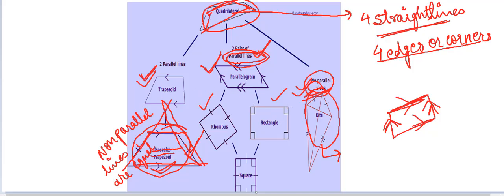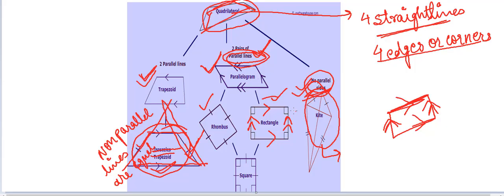For rectangle, we have four sides, that is, this side is parallel to this side and this side is parallel to this side. We have two pairs of parallel sides, so it is known as a parallelogram.